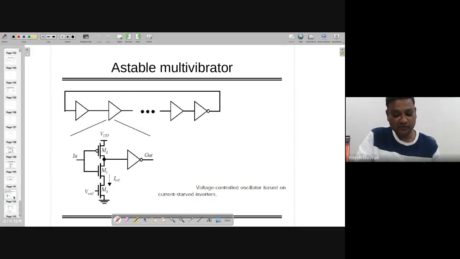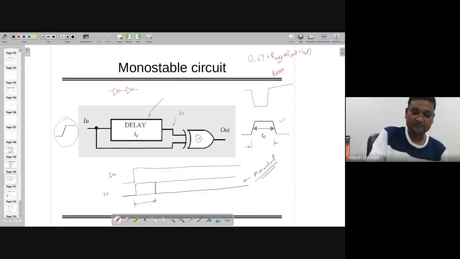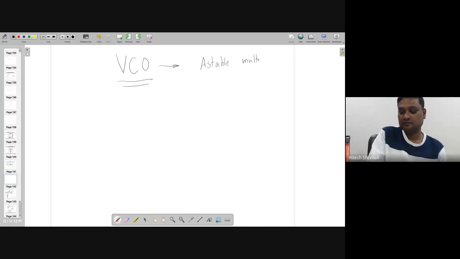The third one is very popular and it's known as the voltage controlled oscillator, and I'm going to make the astable multivibrator circuit. What the astable multivibrator is going to do is as follows.